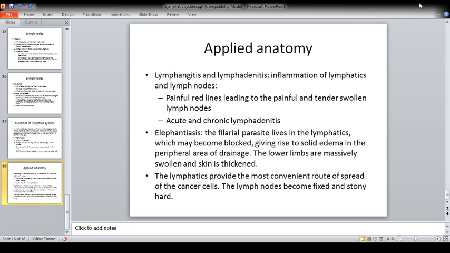Okay, bache, so this marks the end of the lymphatic system for us. I hope all of you understood well. If you have any questions, please post them in the group. I'll be happy to answer your questions. It is a very important system, often misunderstood.